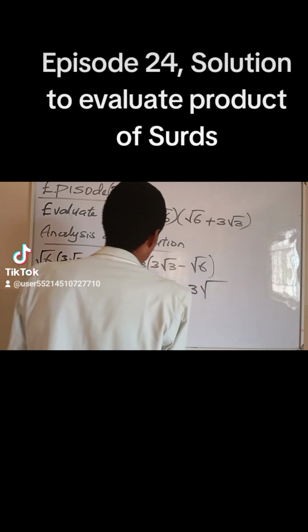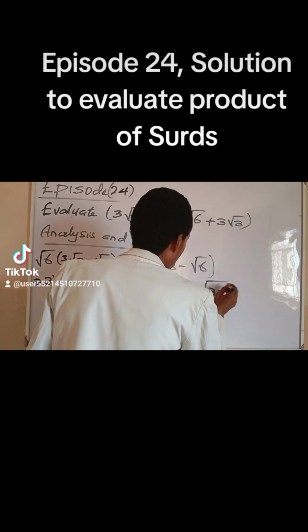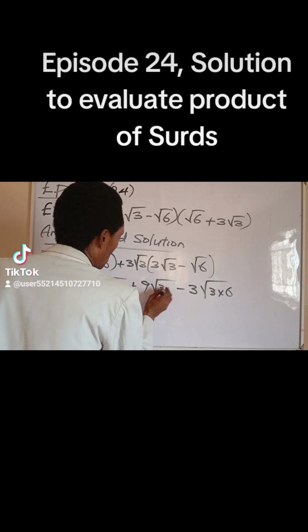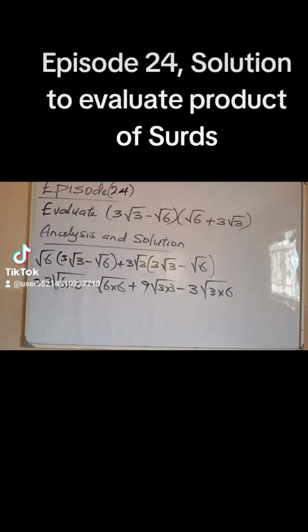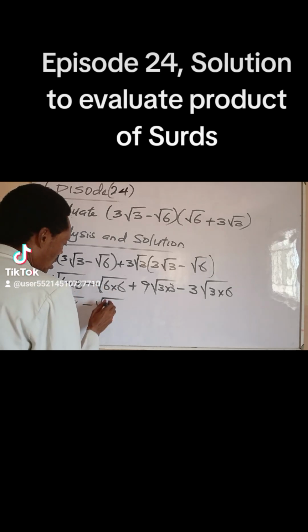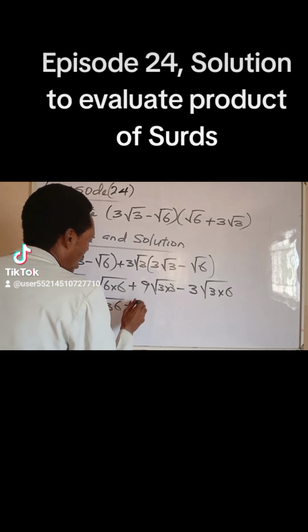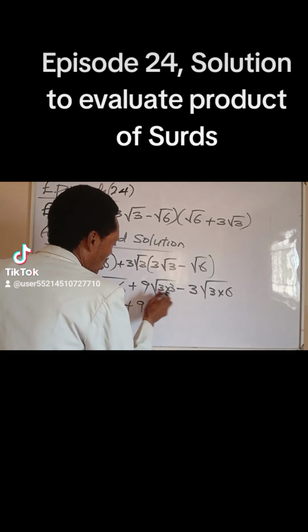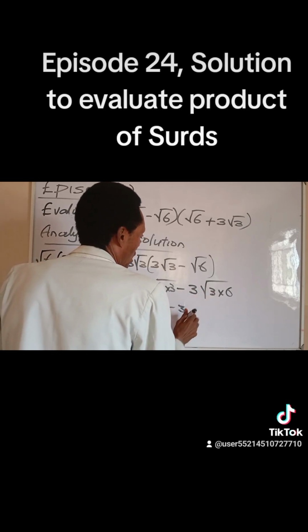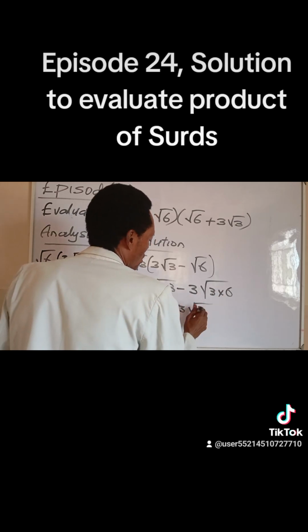Then 3 times 6 times 3 will give us 18, minus √6 times √6 gives √36, then plus 9, then √(3 times 3) gives 9, minus 3, √(3 times 6) gives √18.